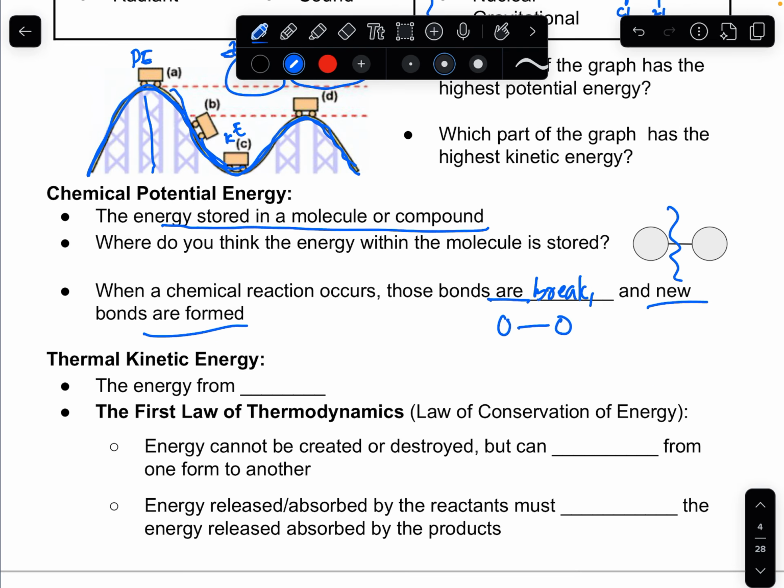Then thermal energy. Thermal energy is, basically when we say heat energy, that is called thermal energy. We are going to talk about how the energy interactions are happening.